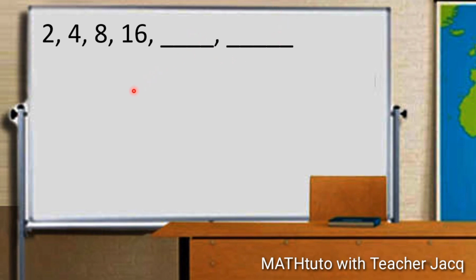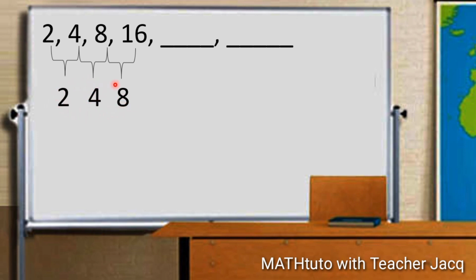So, let's do it. 16 minus 8 is 8. 8 minus 4 is 4. And 4 minus 2 is 2. So, take a look at our difference. Yung mga difference na nakuha natin ay 2, 4, 8.